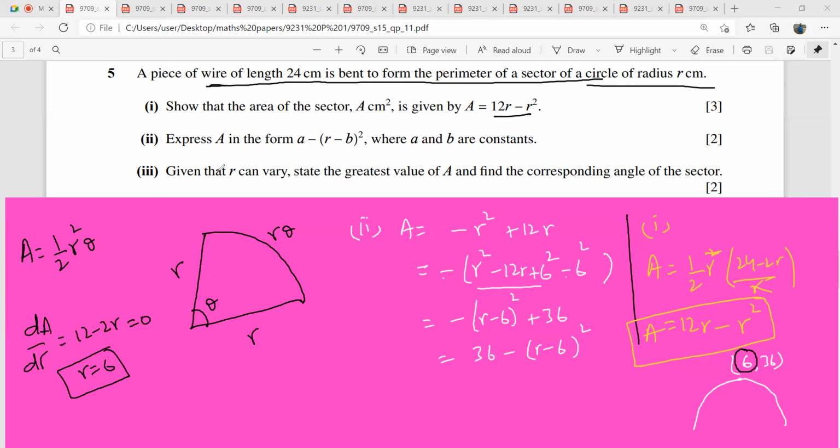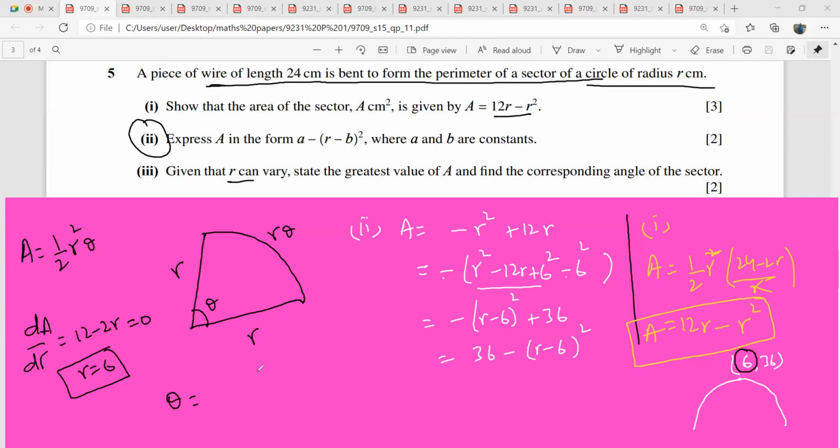So it says, given that r can vary, state the greatest value of A. We have already done that in part 2. The greatest value of the area is 36. And then it says, find the corresponding angle of the sector. So remember, you had developed an equation. Can you tell me what was that?